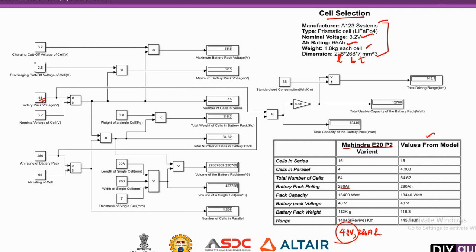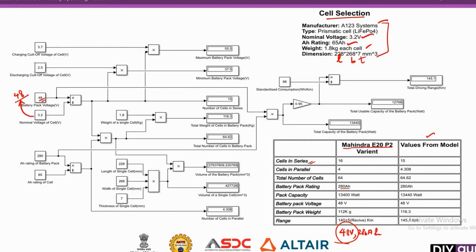If I want the number of cells in series, I must divide the total required voltage by the individual operating voltage.